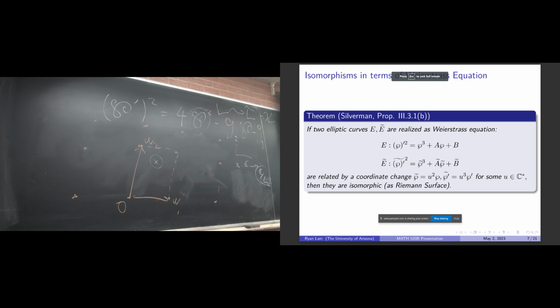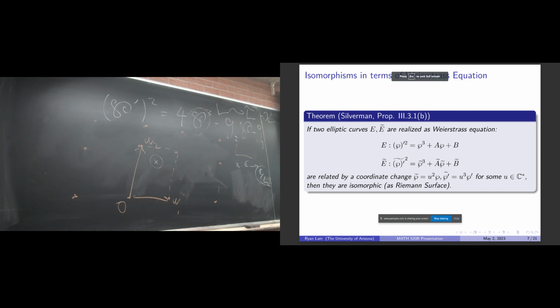So two elliptic curves, if they are realized as Weierstrass equations, and I have a coordinate change that looks like this, where you remember P is the first coordinate and P derivative is the second coordinate. Okay, second and third actually, because there's a 1 in CP2.